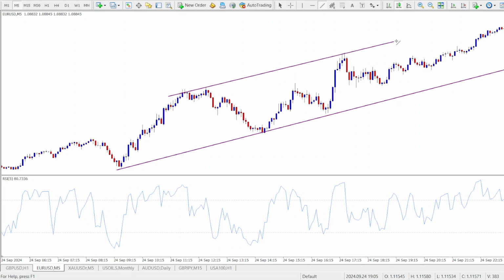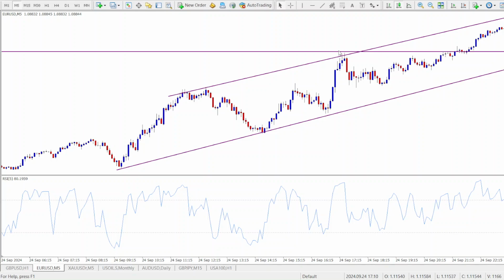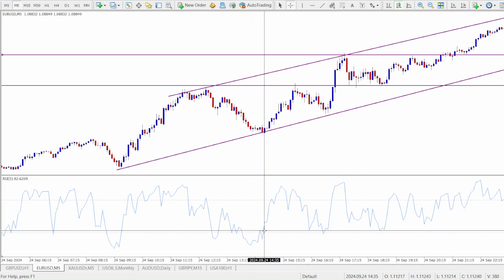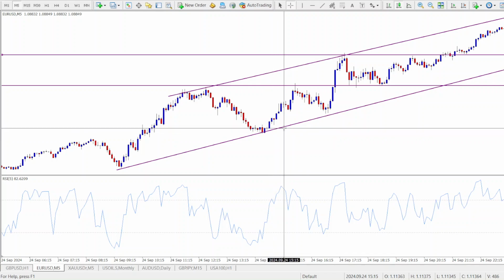Make sure that you use trend lines and your support and resistance levels, and also combine the indicator with others such as the moving averages, the volume indicator, or any other indicator of your choice, anyone you are more comfortable with. It is just for the sake of getting additional confirmation. So when the RSI gives you a signal, you confirm it with the other indicators. For example, here the RSI gave us a buy signal and we confirmed it with the trend line.